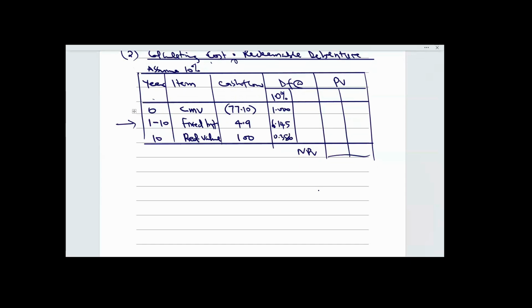In this case, 77.1 multiplied by 1 gives us 77.1. Then 4.9 multiplied by 6.145 gives 30.10. Then 100 multiplied by 0.386 gives us 38.60.